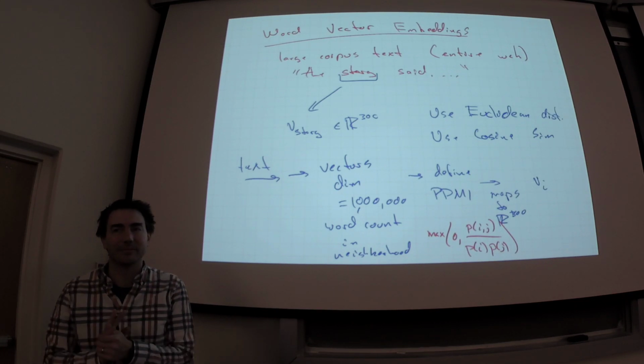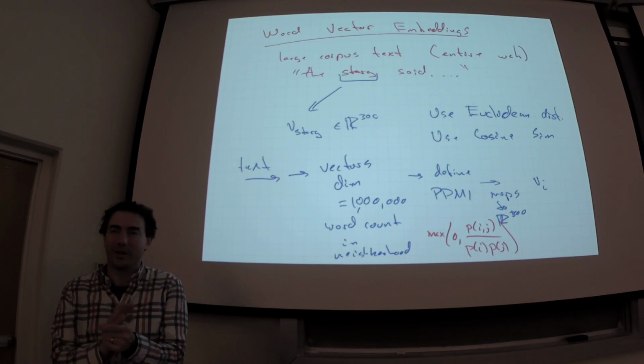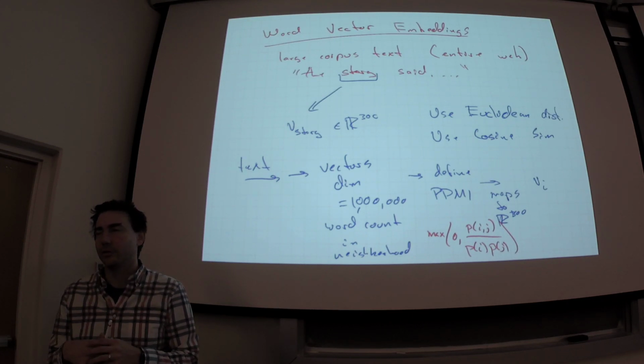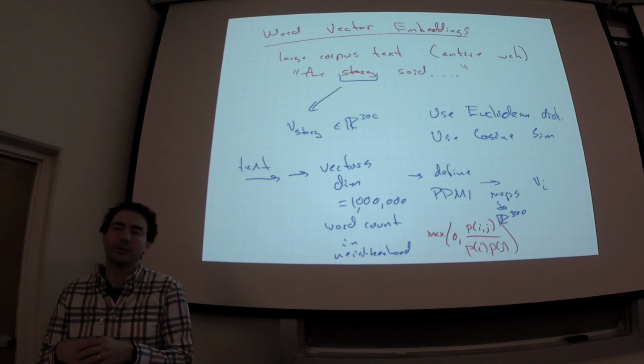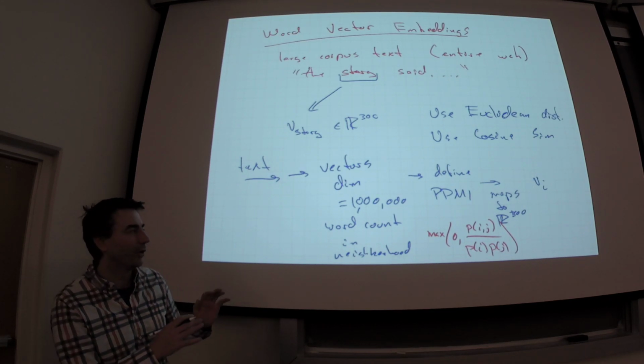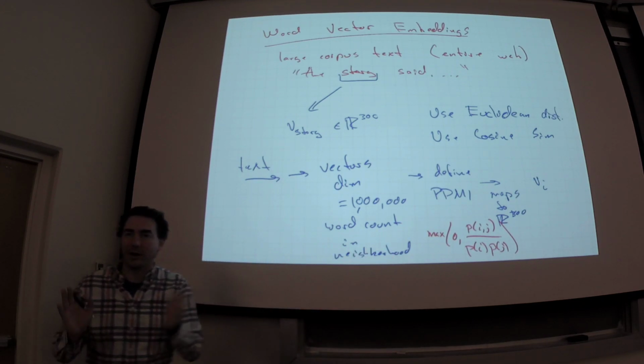A lot of this is washed away, since they try to optimize their neural net to maximize performance on some prediction tasks of neighborhoods of words. So this is a useful thing to know, but it's not essential to know how to do it.